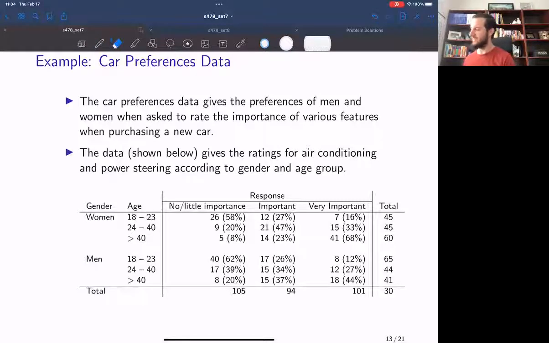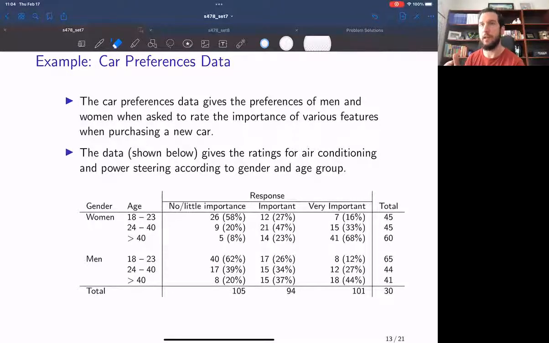Okay, so anyways, that's what they're rating. So it's the importance of whether or not a car has power steering and air conditioning, which I would also say, this data set must be quite old, because I don't think any new car wouldn't have air conditioning in it. But anyways, so there's 3 outcomes: no/little importance, important, and very important.